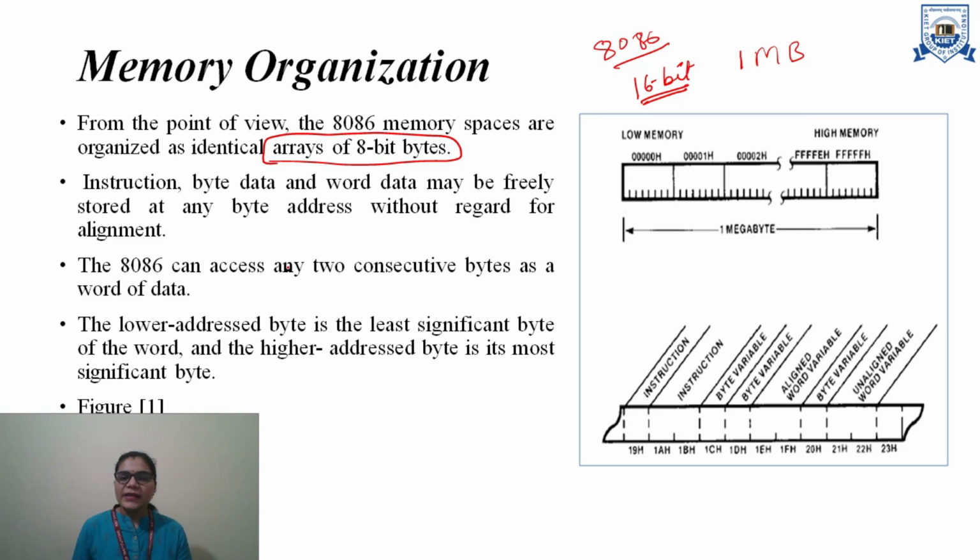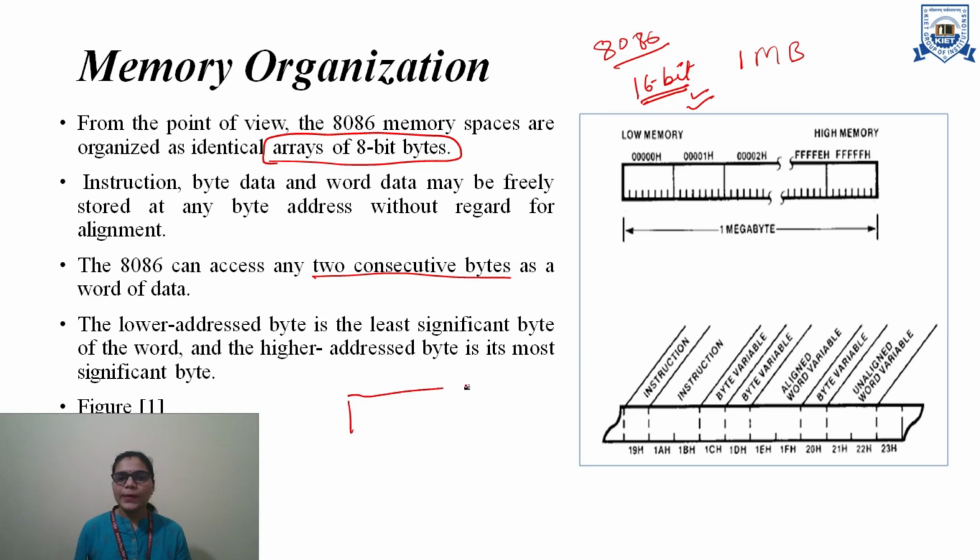8086 can access any 2 consecutive bytes as it has a 16-bit data bus. So it can access 2 bytes of data. The lower address byte is the least significant byte of the word and the higher address byte is the most significant byte.